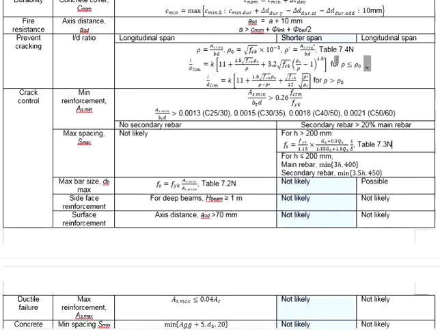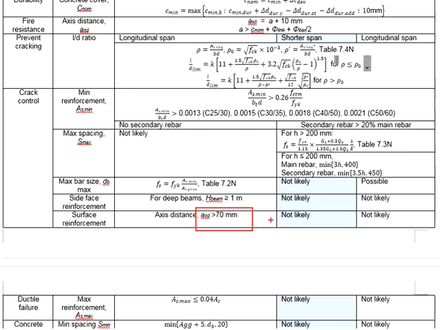Although the requirement here states that when the axis distance exceeds 70 mm, you will need surface reinforcement, you never know, in the case that you provide really thick concrete cover that leads to an equivalent axis distance more than 70 mm, you should also provide the surface reinforcement.